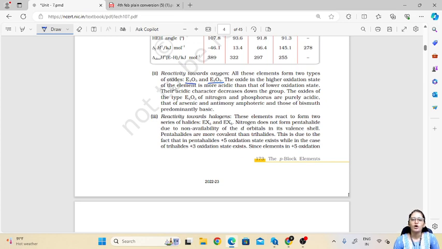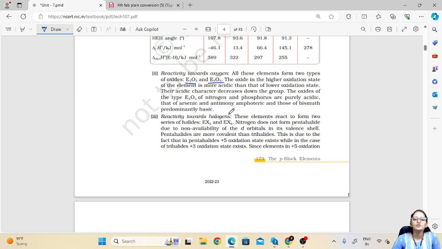The oxide of the higher oxidation state of the element is more acidic than that of the lower oxidation state. The E2O3 type oxides of nitrogen and phosphorus are purely acidic, those of arsenic and antimony are amphoteric, and bismuth's is basic.